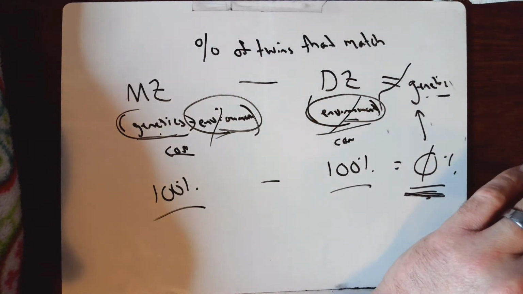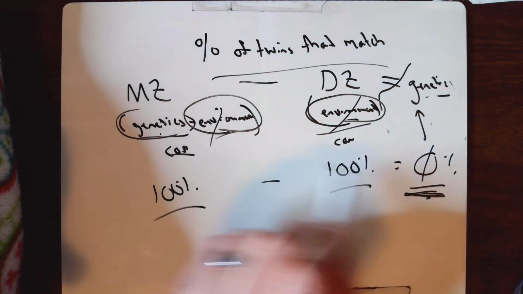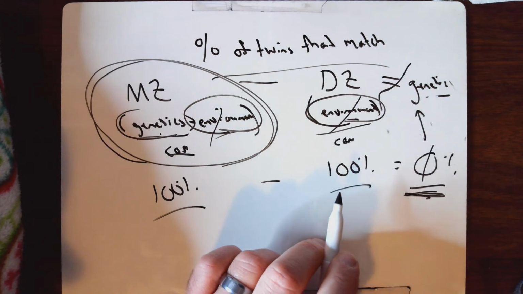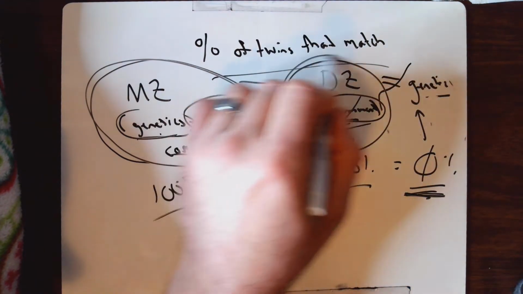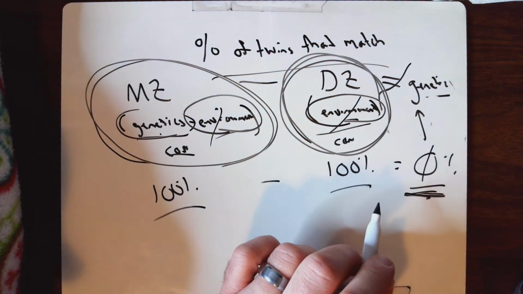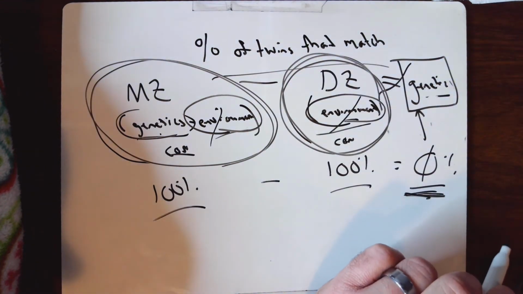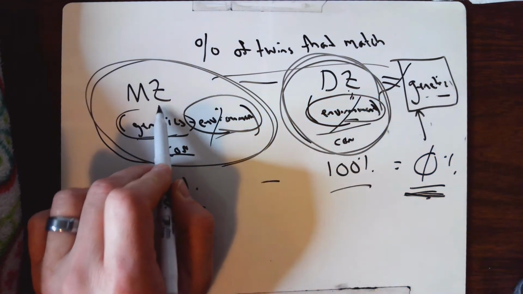What concordance is, it's the percent of twins that match. How we use concordance, let's emphasize that the monozygotic concordance in and of itself means nothing. It tells us nothing. The dizygotic concordance tells us a little bit about the environment, but solitarily, it really doesn't tell us much either. The only information that's truly worth anything is the differential when we take the dizygotic concordance away from the monozygotics.